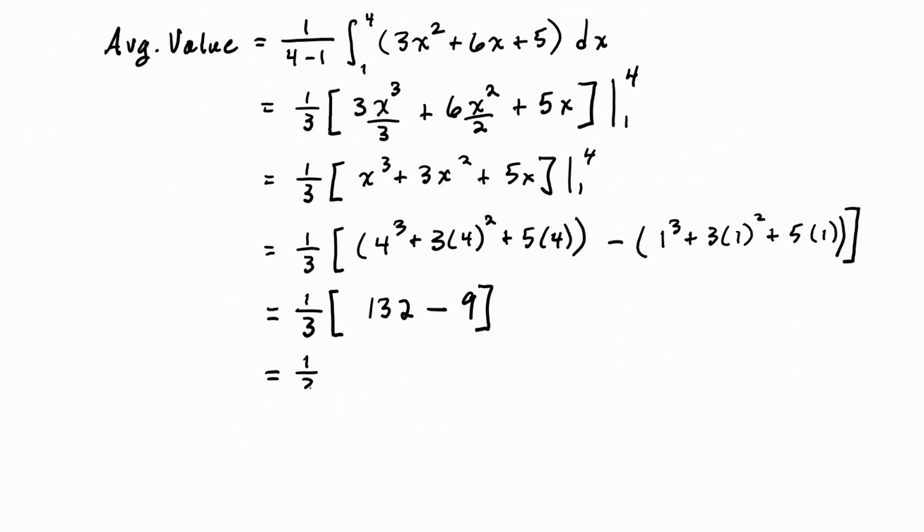We have 1/3. Inside the brackets is going to simplify to be 123. And 1/3 of 123 is 41. So that means on average, throughout this interval, the function value is 41. The average value of the function is 41.